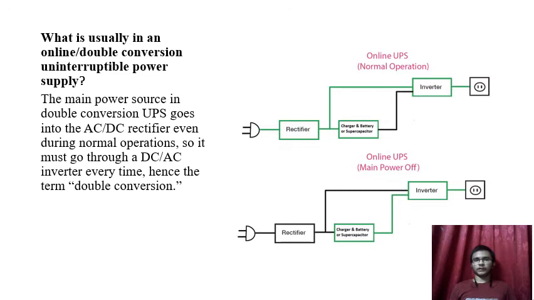What is usually in an online or double conversion uninterruptible power supply? The main power source in a double conversion UPS goes into the AC to DC rectifier even during normal operation. So it must go through the DC to AC inverter every time. Hence the term double conversion.